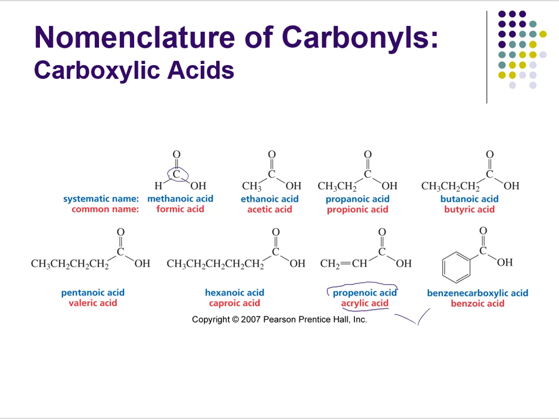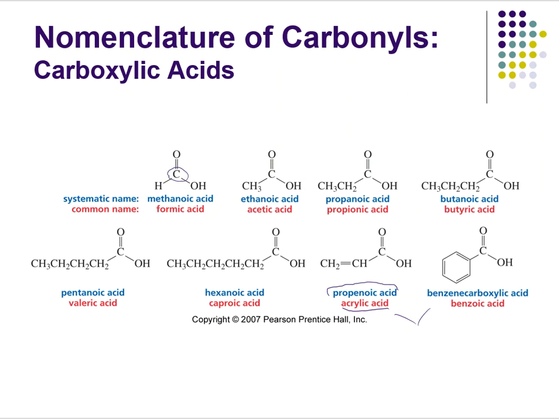So IUPAC is going to be the name of the ring, benzene, and then we add carboxylic acid onto the name. That's IUPAC. But the common name is going to call this benzoic acid. And that was one of the groups of benzenes that I told you to memorize and to know back in the day. And now it's come full circle yet again, but this time we're not focused on the aromatic. This time we're focused on the carboxylic acid piece.